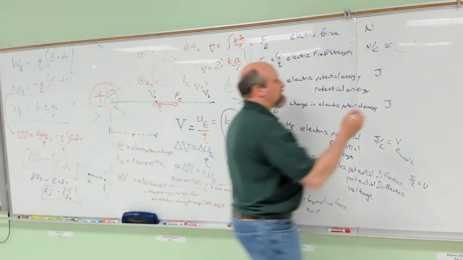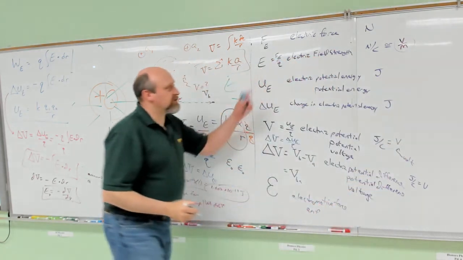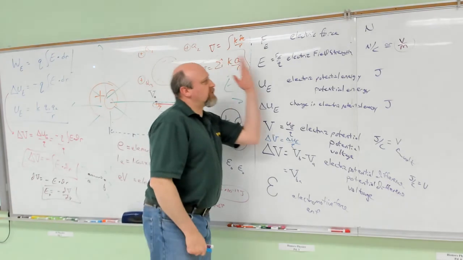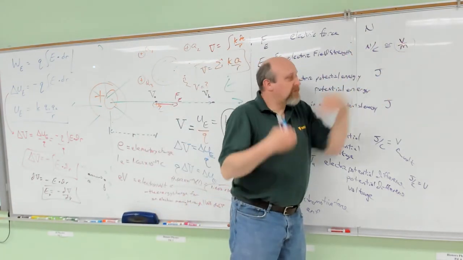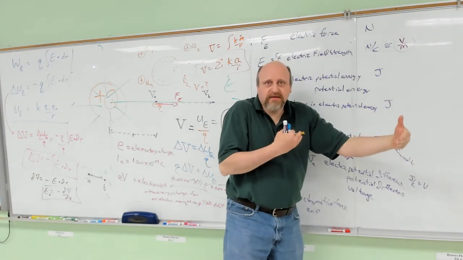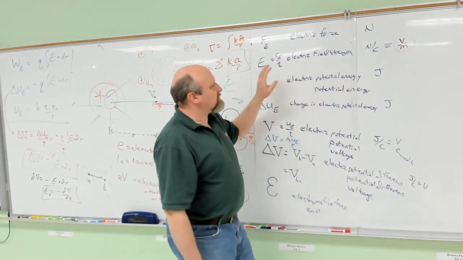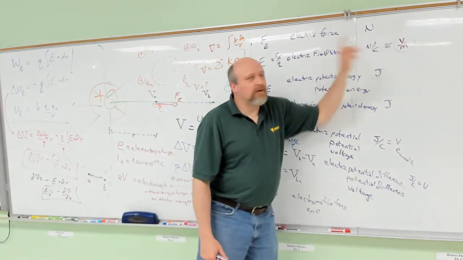A volt per meter is another unit for electric field strength. And hopefully that makes sense to you. The stronger the field, the bigger the change in energy per charge I would have per meter of distance I go against that field. You know what I mean? The bigger energy change as I move along the field line. So the stronger the field, the bigger the energy change for every meter that I go along it.